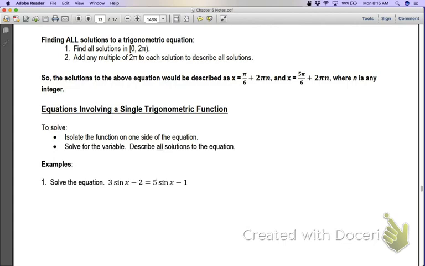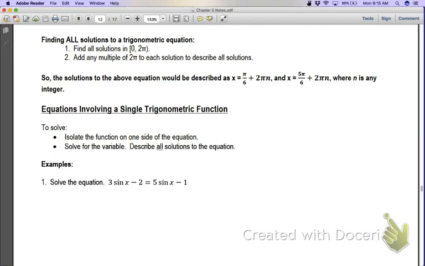As far as all the solutions, if we go from 0 to 2 pi, you add any multiple of 2 pi to each solution set. Since we had pi over 6 and 5 pi over 6, you just add 2 pi to everything and you get those same values, if we continue to go out.